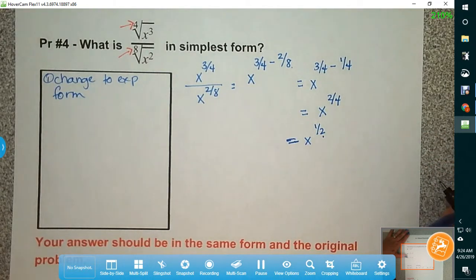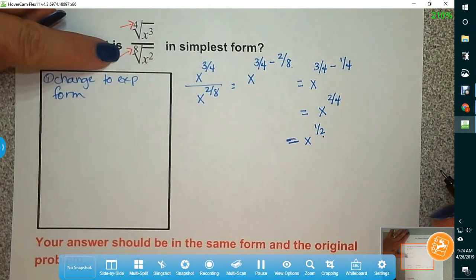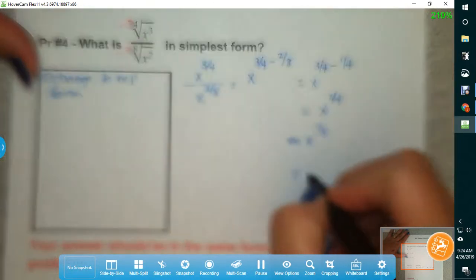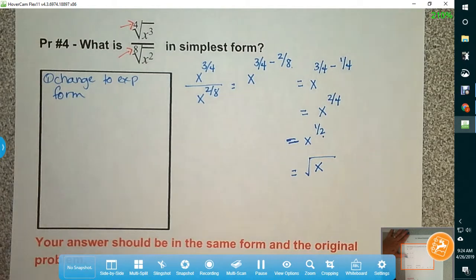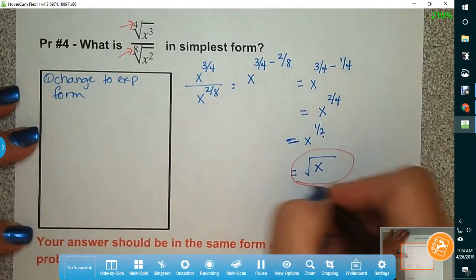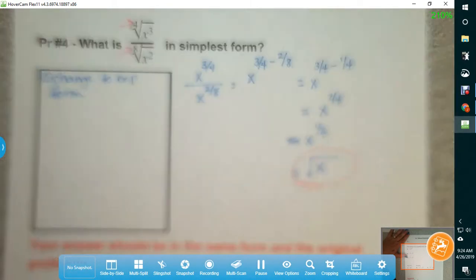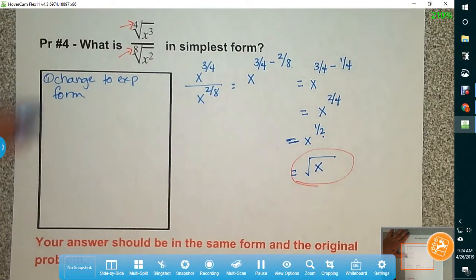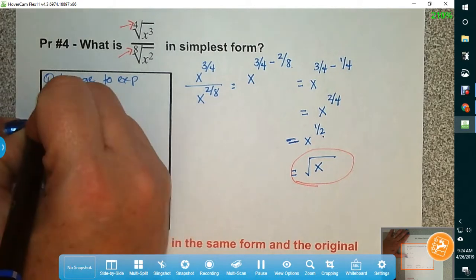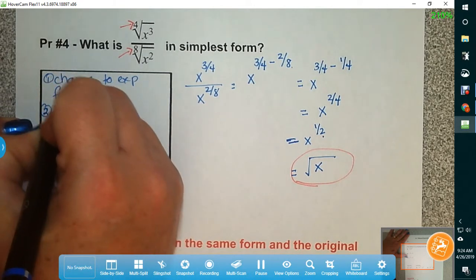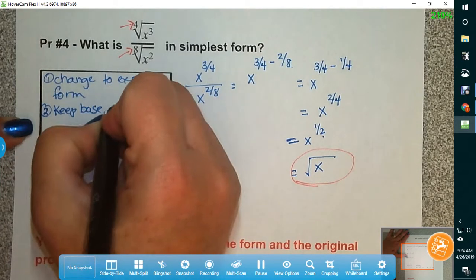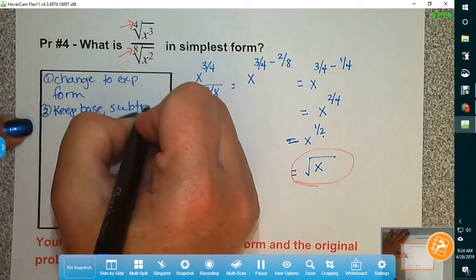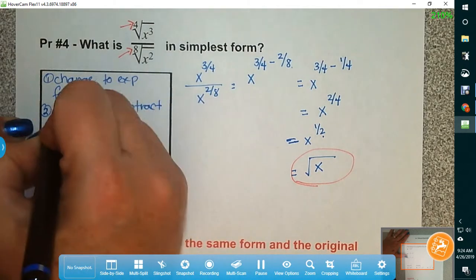And then, because the problem started in radical form, your answer must be back in radical form. So your answer is the square root of x. Okay, so let me go back and fill in my other steps. Step 1 was to change it to exponent form. Step 2, keep the base, subtract the exponents.